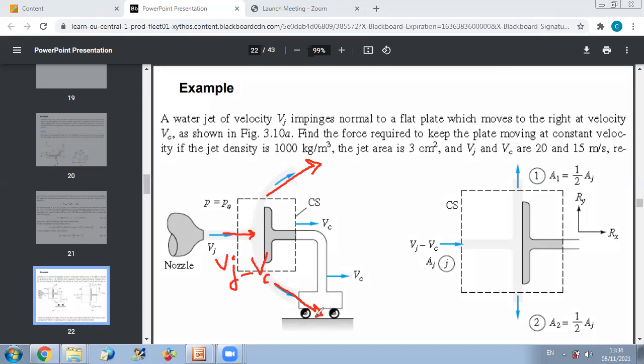Why? Because relative to the control volume, it will separate into two straight vertical jets. From outside, we see the combination of the relative velocity and the velocity of the car.